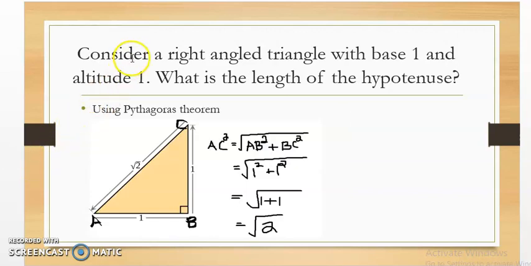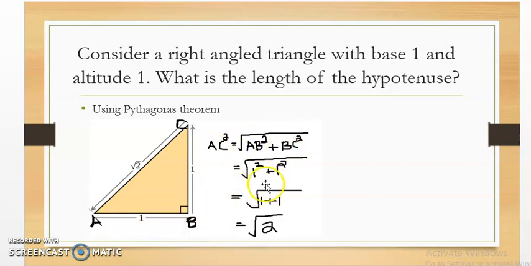So now let us consider a right angle triangle whose base is 1 unit and whose altitude is 1 unit. So what will be the length of AC? Now we know AC is root of AB square plus BC square.